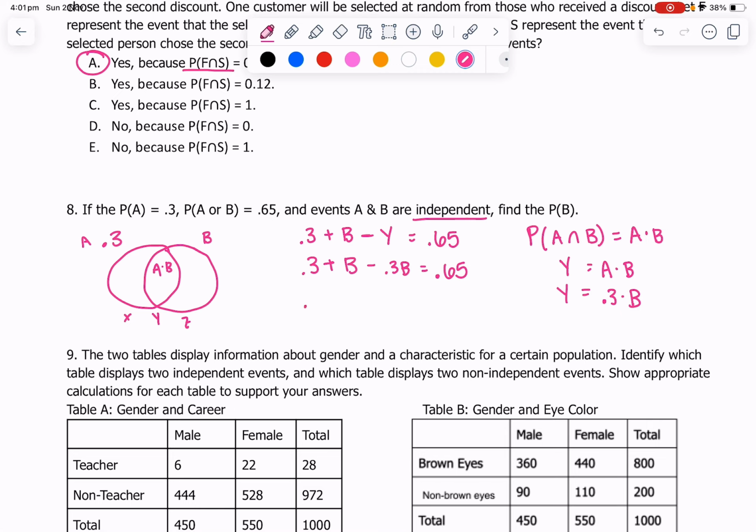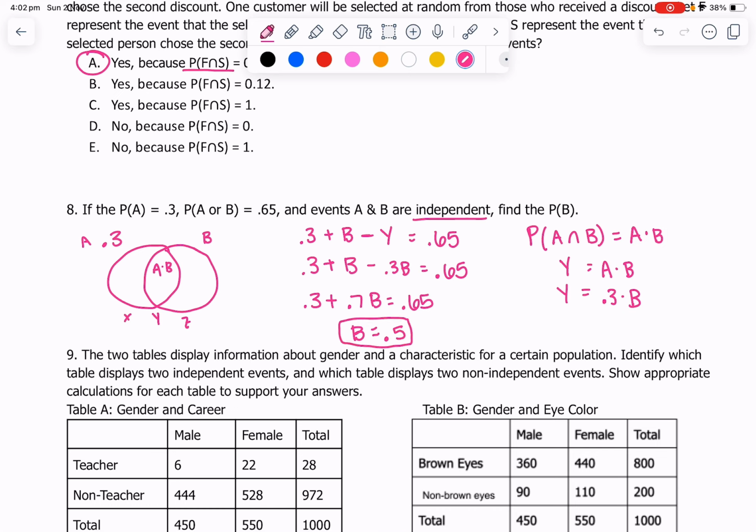So 0.3 plus 0.7B equals 0.65, and we get our little calculator, and we do 0.65 minus 0.3 divided by 0.7, B is 0.5. Pretty neat.